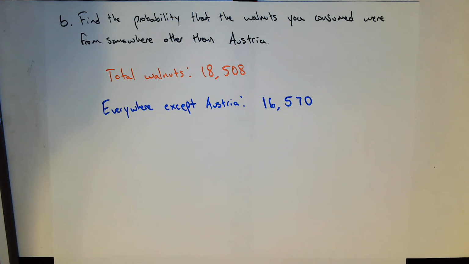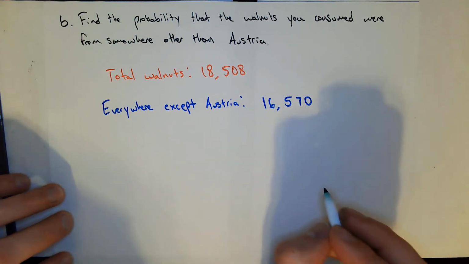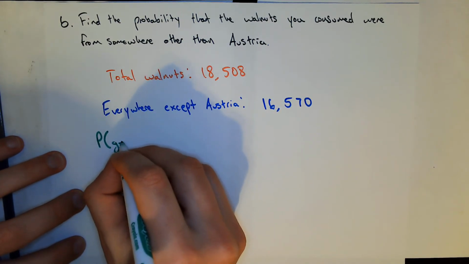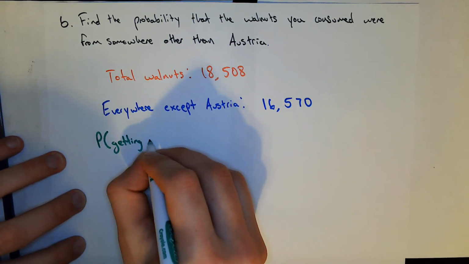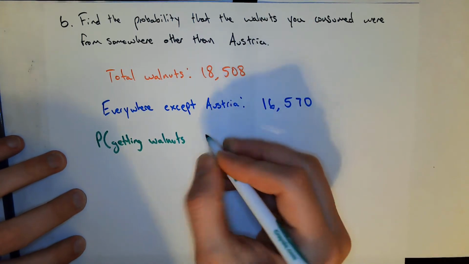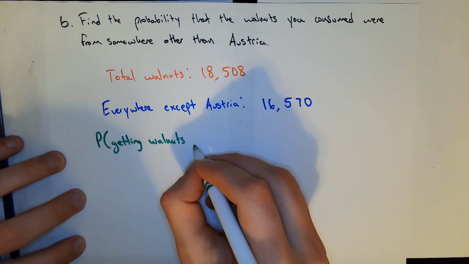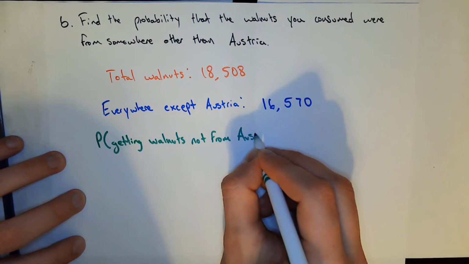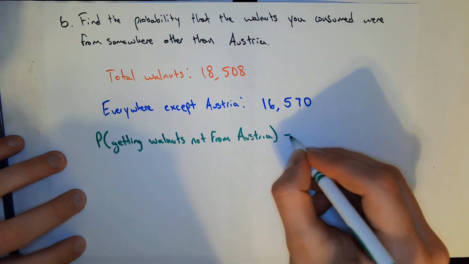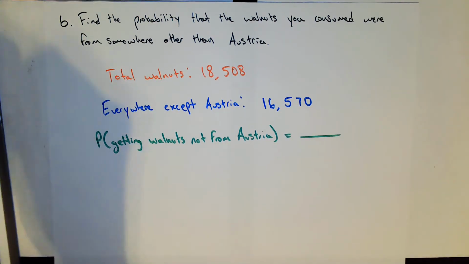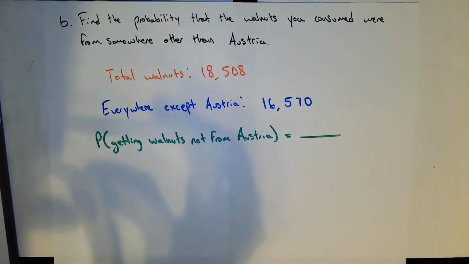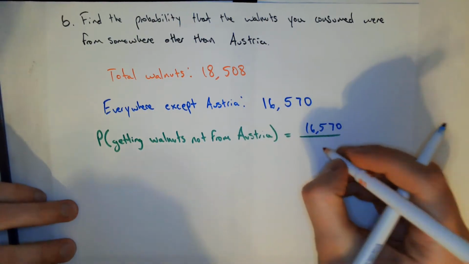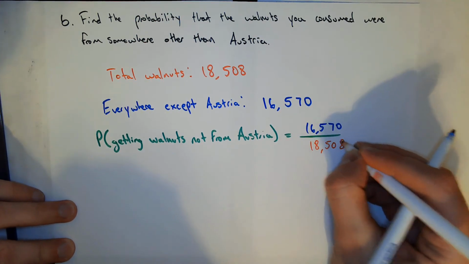Okay, then my probability of getting not from Austria, right? Because that's what I'm measuring here. Is going to be that 16,570 divided by that total 18,508.